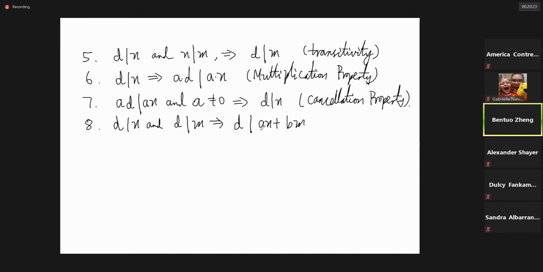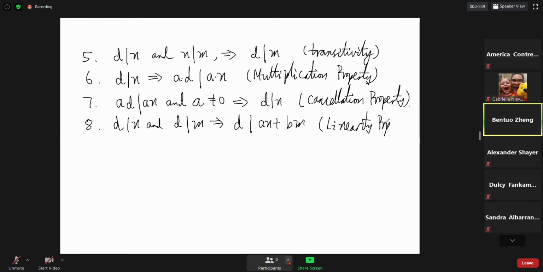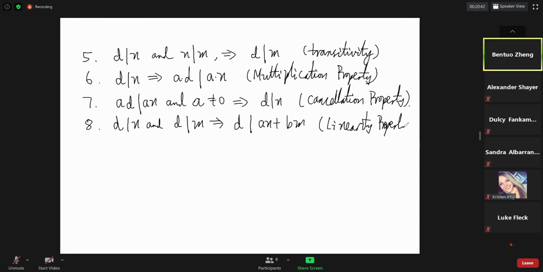So you have a linear combination of n and m. This is called the linearity property.